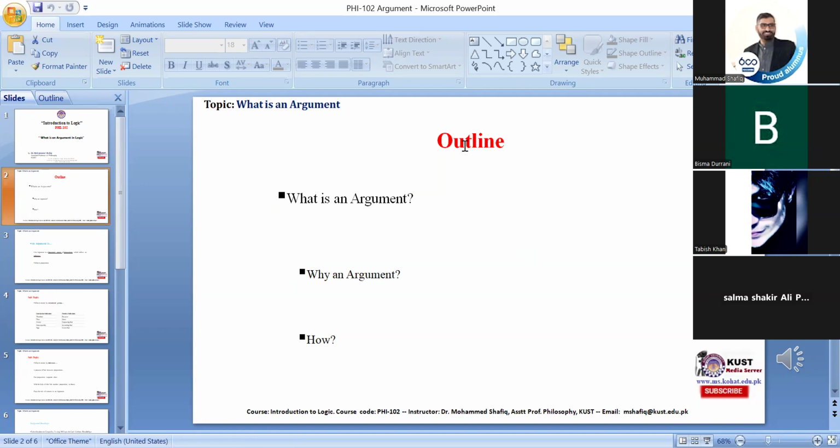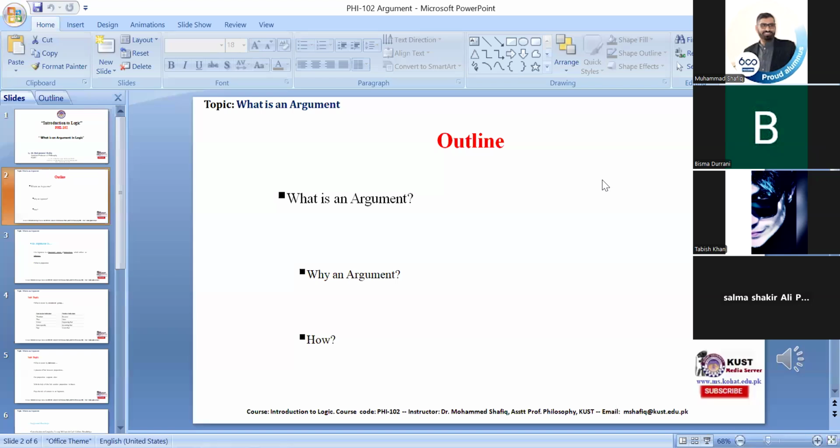Today we are discussing generally what does argument mean. So it could be an inductive argument, it could be a deductive argument, it could have three propositions in it, then it would be a syllogistic argument. If it has more than three propositions, it is a general argument. If it starts from the particular and ends on a general conclusion, that would be inductive argument.